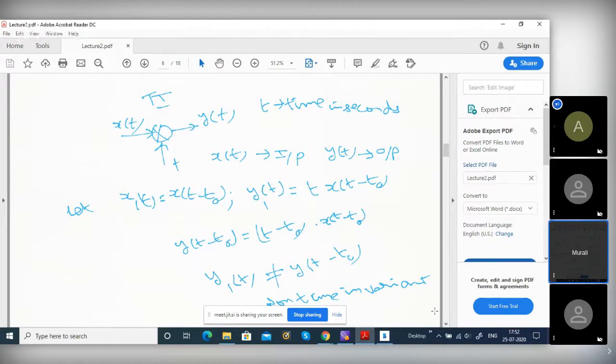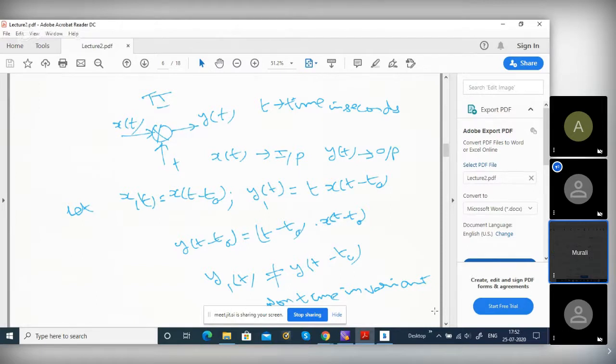You are multiplying x of t by cos omega c t. Instead of t here, you see that it is cos omega c t. Is it time variant or time invariant? In up conversion or down conversion, we are multiplying by cos omega c t. Is the output time variant or time invariant?